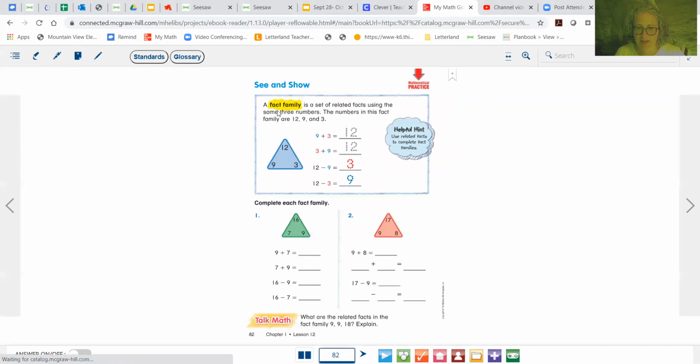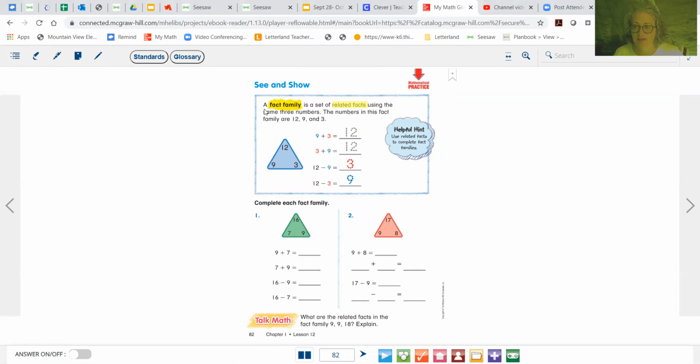So I flipped back and I found it on this page. And it says a fact family is a set of related facts using the same 3 numbers. Well, guess what I'm going to do? Let me see. Is this the highlighter? I'm going to highlight related facts too because it was on one of our vocabulary words.